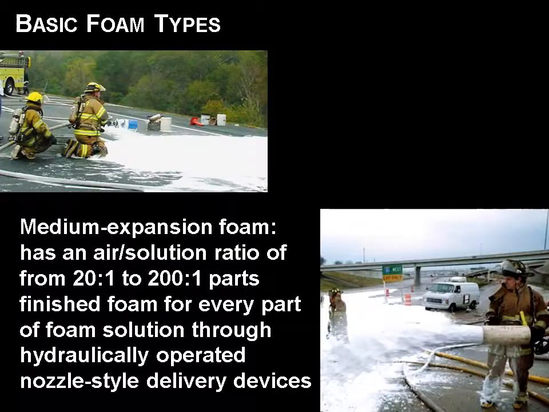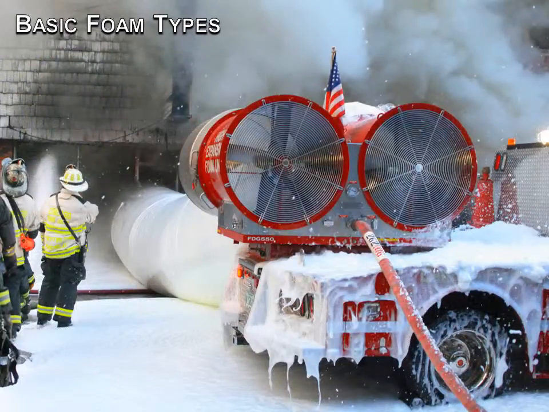Used to suppress hazardous materials vapors, used in ratios of 30 to 1 and 55 to 1. High expansion foam, the ratio is from 200 to 1 to 1000 to 1. Typically used to suppress confined space fires such as basements and aircraft hangars.